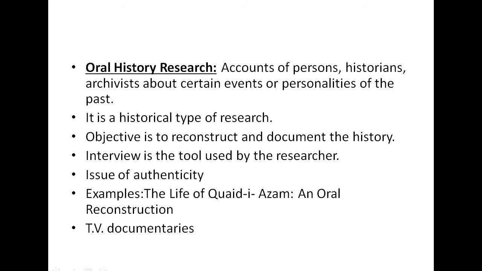The life of Qaeda and oral reconstruction. So all those people who have some kind of relationship, or who have worked with Qaeda in some capacity, we would visit and interview.